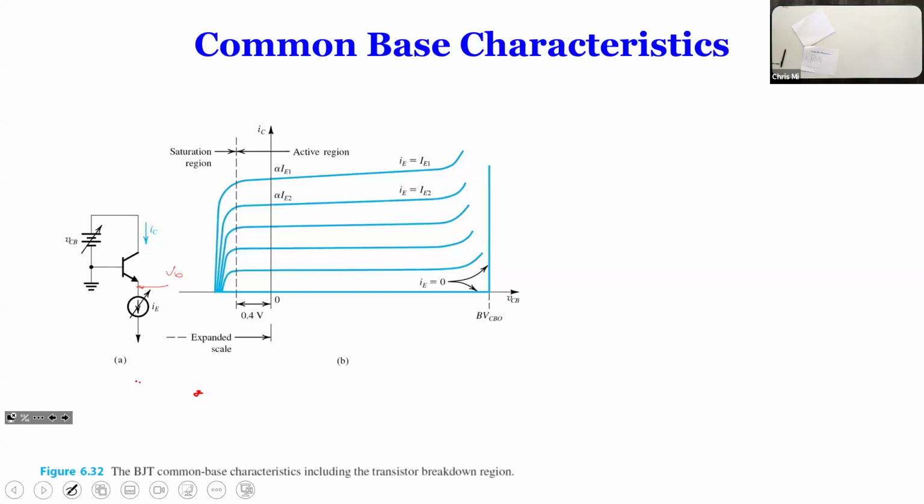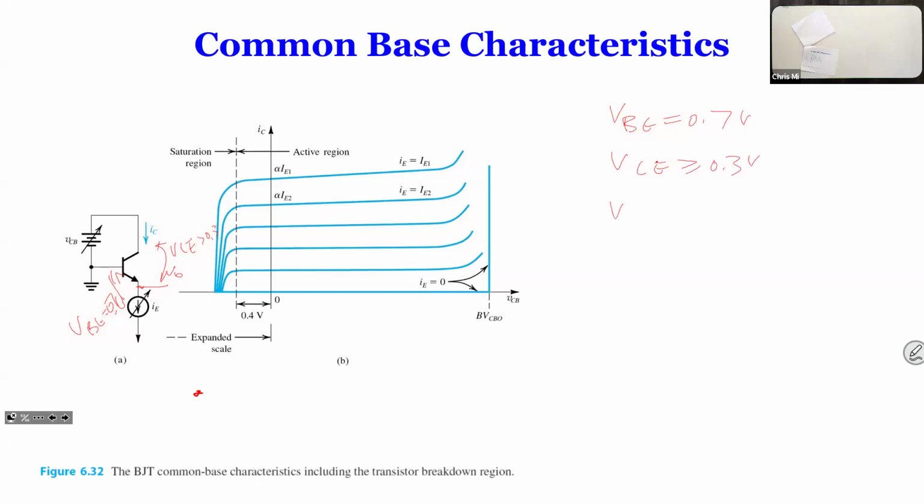So for VC to VB, remember, probably write down. For this transistor to be in active mode, we need VBE to be 0.7, and we need VCE to be larger than 0.3. So if you summarize here, VBE has to be 0.7, and VCE has to be larger than 0.3.